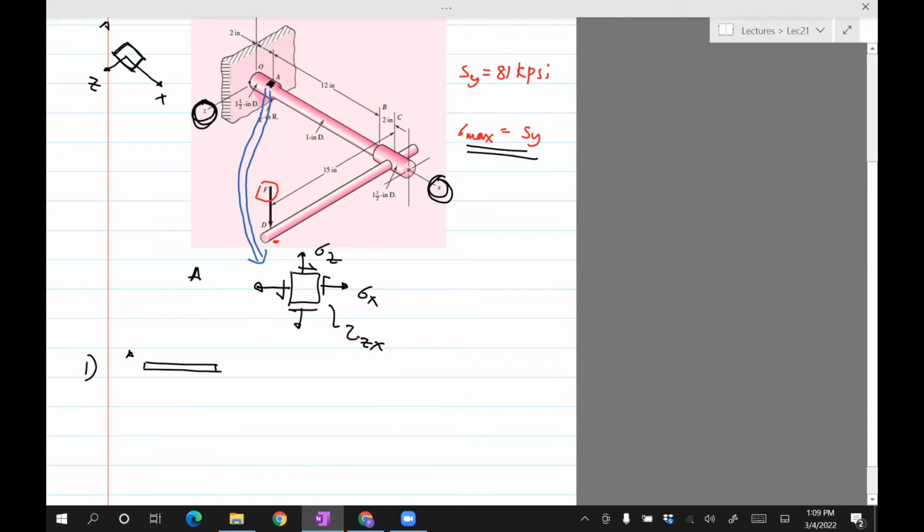So the whole thing will have a moment, and that moment would be the force times the distance from A all the way to the point of application of F, which is here. So from A all the way to C, and that distance is 12 plus 2 or 14.